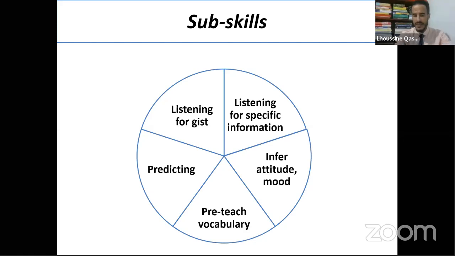Great, so these are the sub-skills that we can use when we are teaching listening. Remember we talked about the two processes. Can you remind me, what are these two processes? Yes, sir. What are they? Thank you, Nasira. Top down and bottom up. Thank you, Nasira.